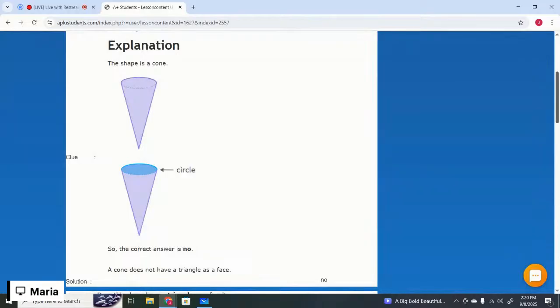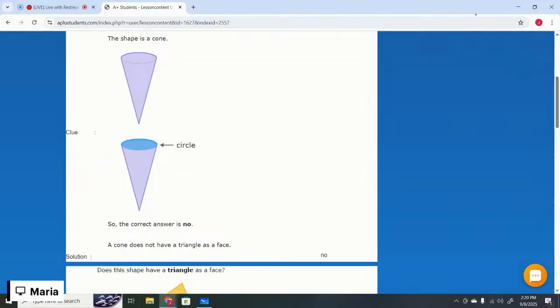A cone does not have a triangle as a face. Let's just start with the test questions.